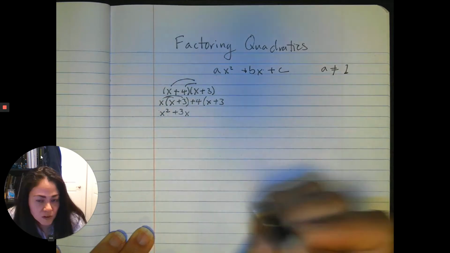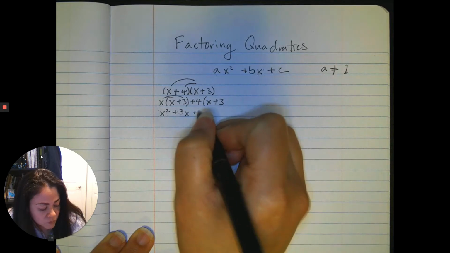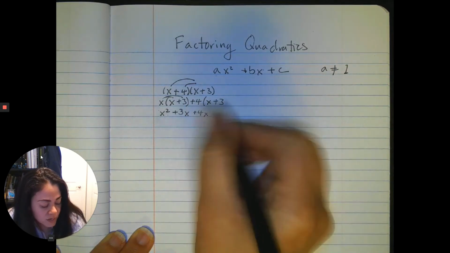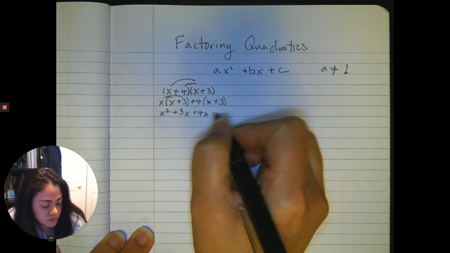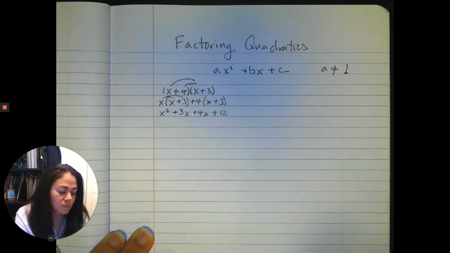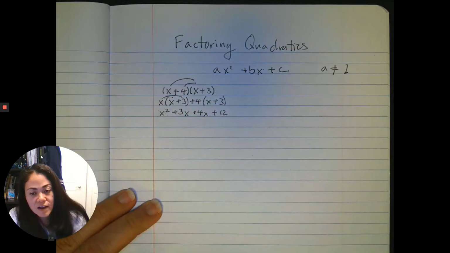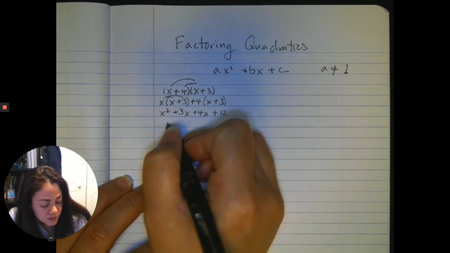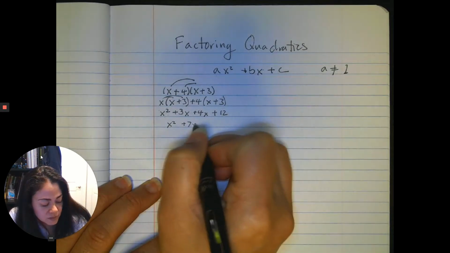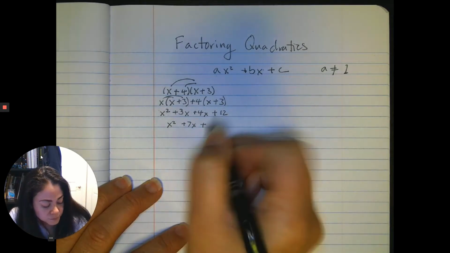Then 4 times x is positive 4x, and 4 times 3 is positive 12. And then, of course, after that, I could combine like terms and get x squared plus 7x plus 12.